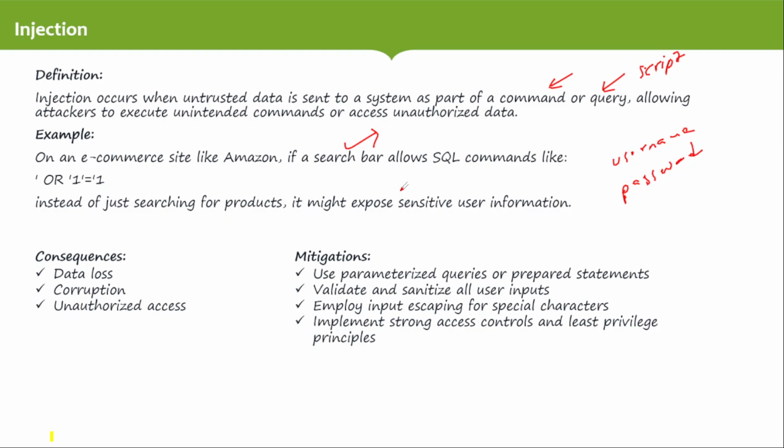Let's say there is a query: select star from products where name like, and let's say I want to search for headphones. Sorry for my handwriting.